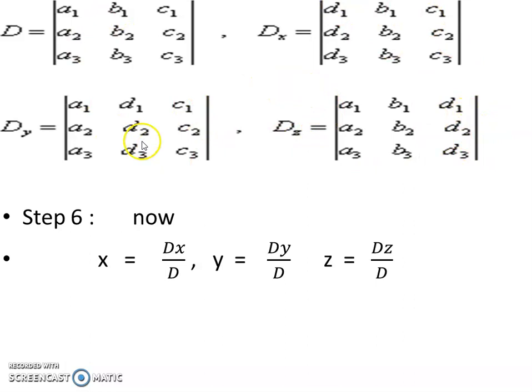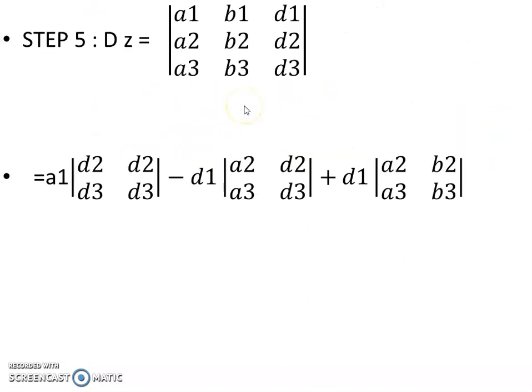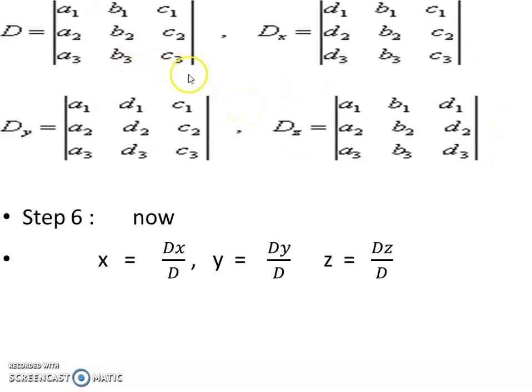All these dx, dy, dz are derived by the previous step, the same as the value of a determinant of order 3 by 3. Our important step is step number 6 now. x is equal to dx upon d, y is equal to dy by d, and z is equal to dz upon d.